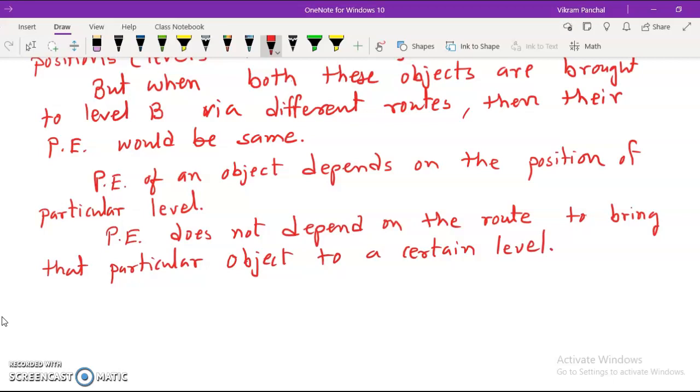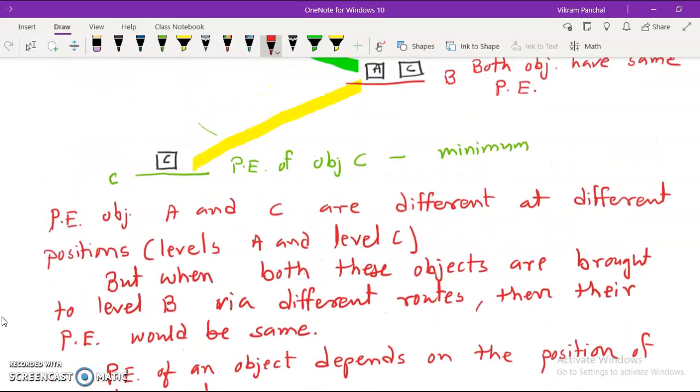Therefore, potential energy is a state function. So any property of an object, a thermodynamic object, which does not depend on the route by which it is brought to a certain level, is called a state function. Okay, it is not at all related to the route by which it was brought to that condition.